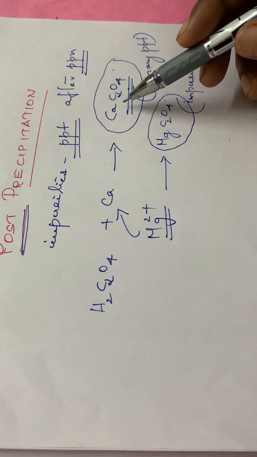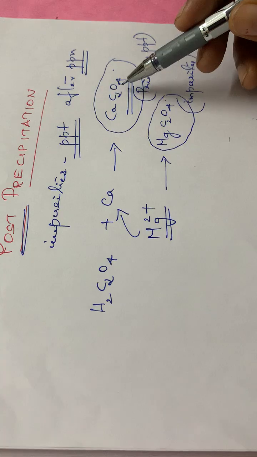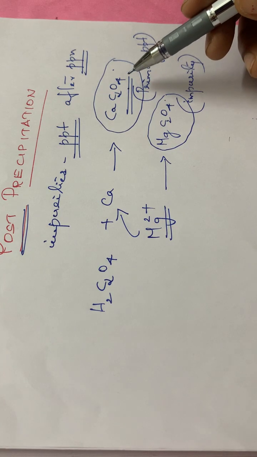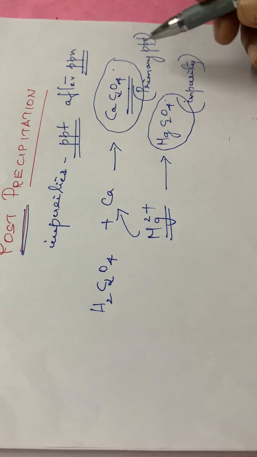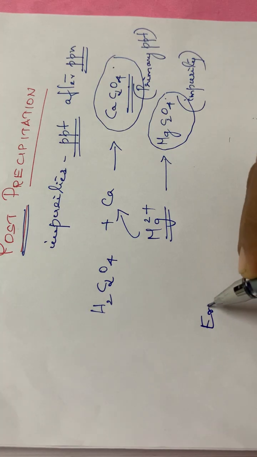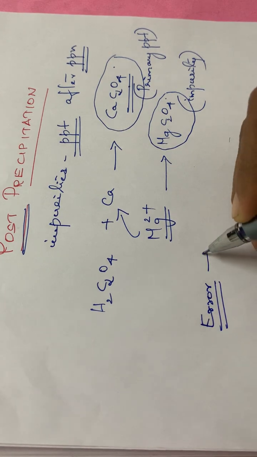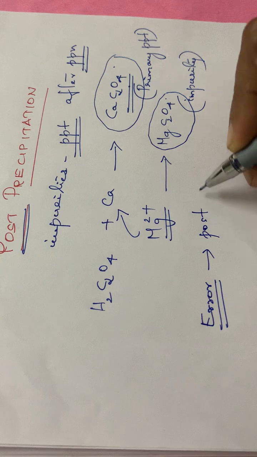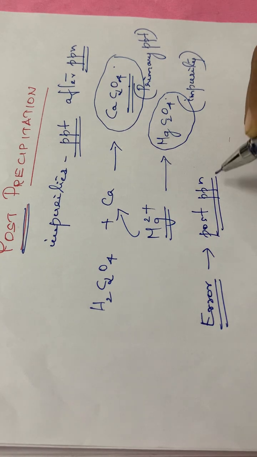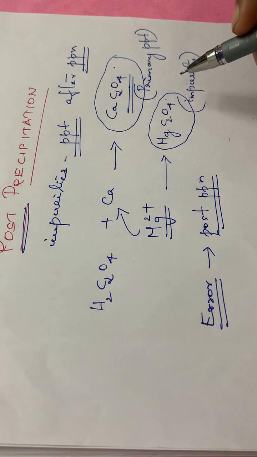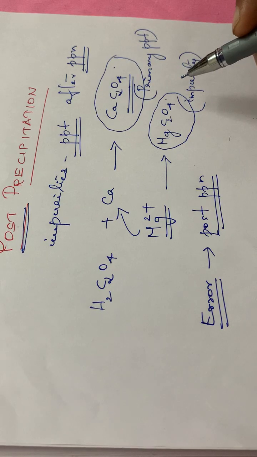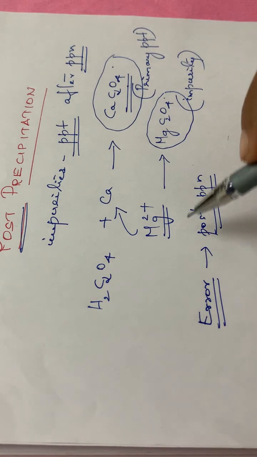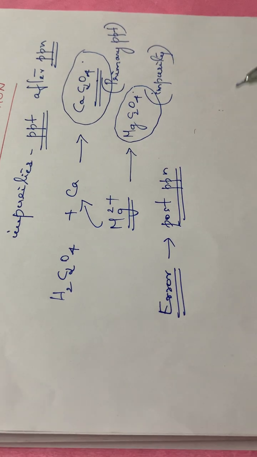The error is due to post precipitation. So we have to avoid post precipitation while doing a chemical reaction, otherwise it will affect our values.